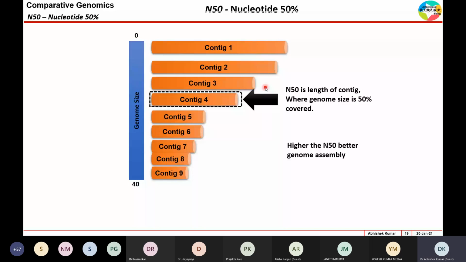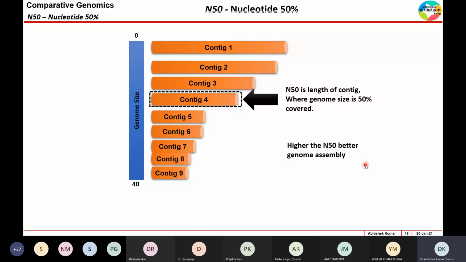Say I have taken a 40 MB genome, and 20 MB is reached in the fourth contig. That is why it is written that the higher the N50, the better the assembly. So this is one of the thresholds used in genomics to see how good your assembly is, and maybe you need to improve it.